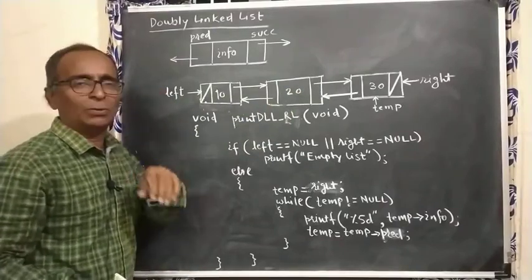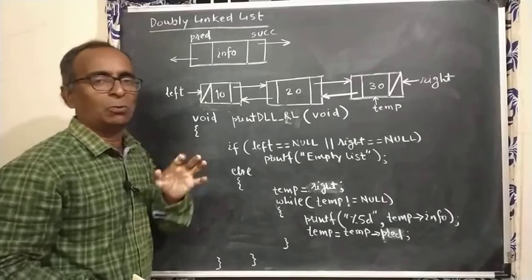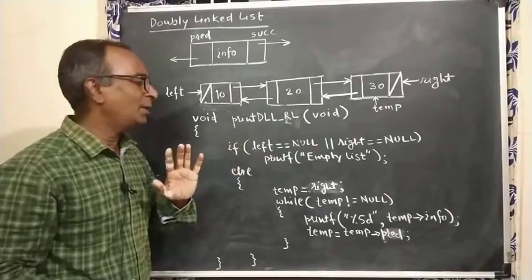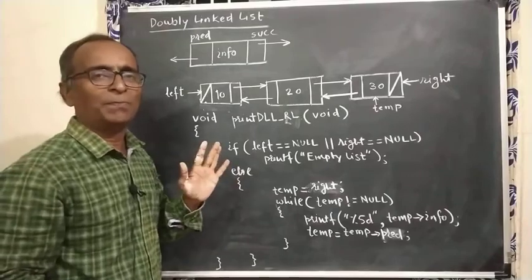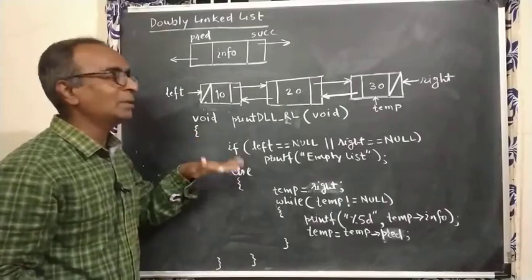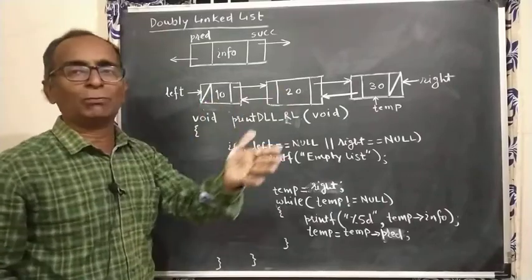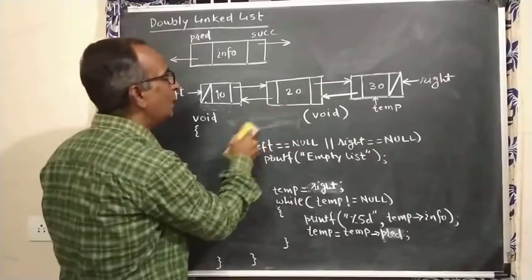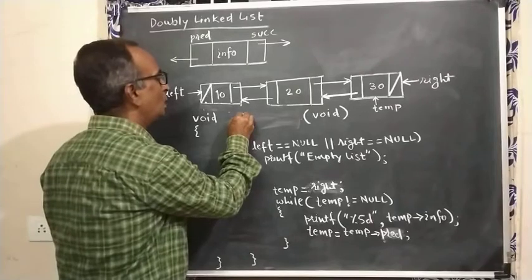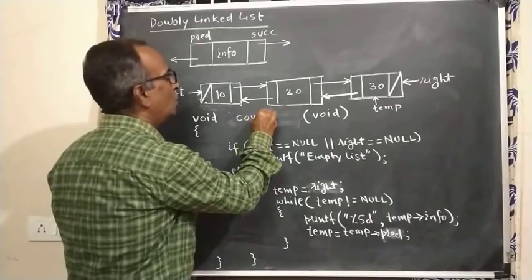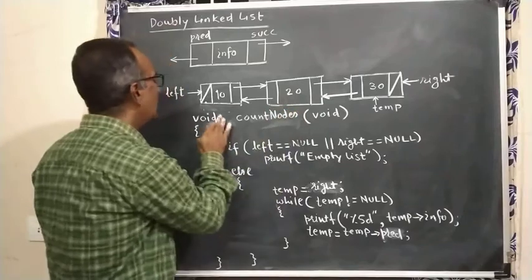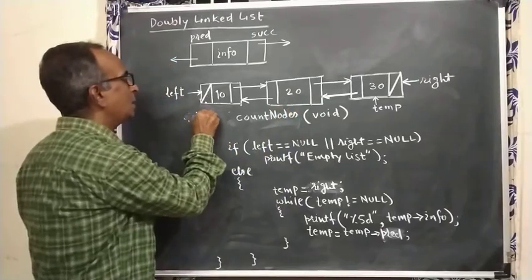So if you know how to access a node, how to move a pointer in a linked list, then every operation will be easier. Now I can convert this for counting the number of nodes also. How to count the number of nodes in this DLL? Suppose I want to write count nodes as a function and it returns one integer value.